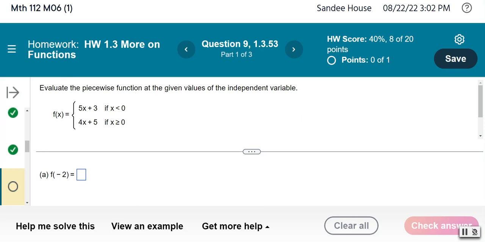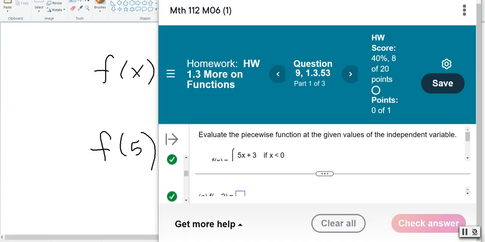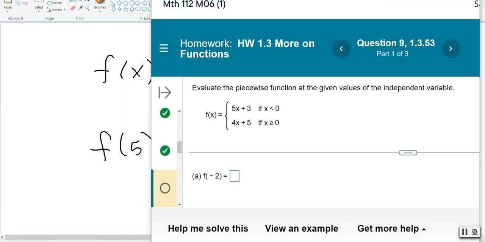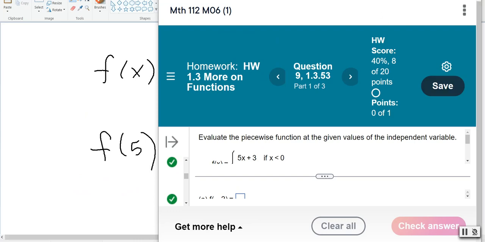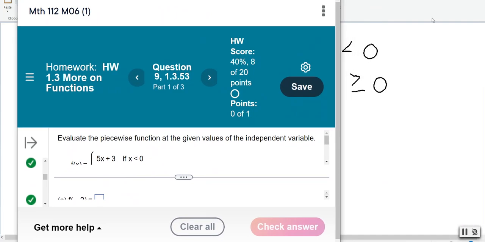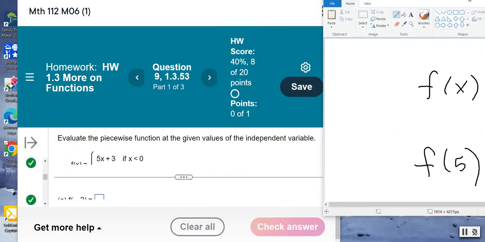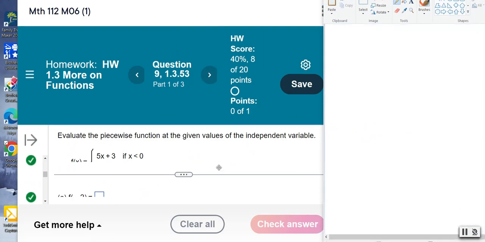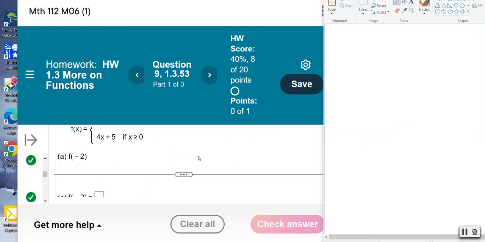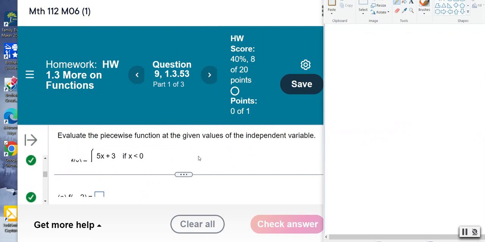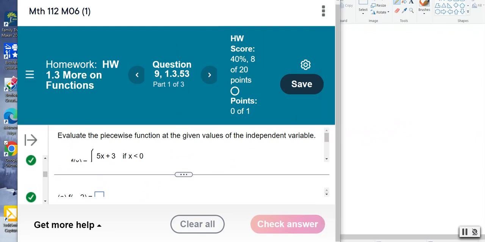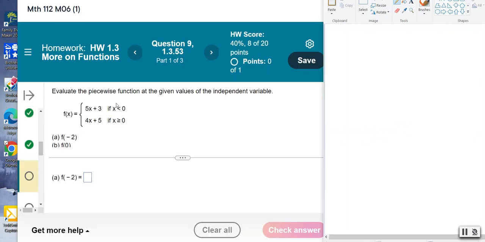Evaluate the piecewise function at the given values of the independent variable, f of negative 2. See if I can get both a board and this here. Okay. So if I'm going to do f of negative 2, I have to look for the right piece of the function.